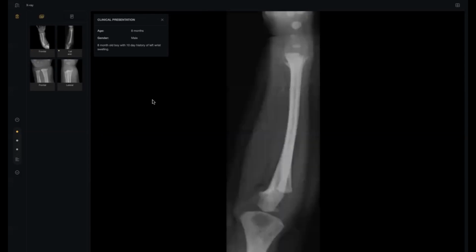In this lateral view of the radius and ulna, I'm able to appreciate at the distal end that the bony epiphysis appears to be irregular with lytic changes. The intra-articular edges appear lytic and sclerotic.